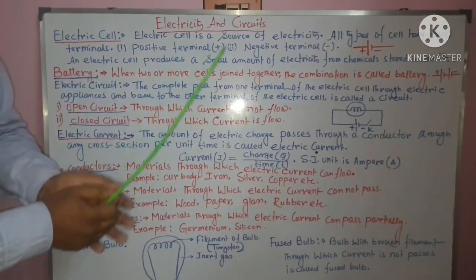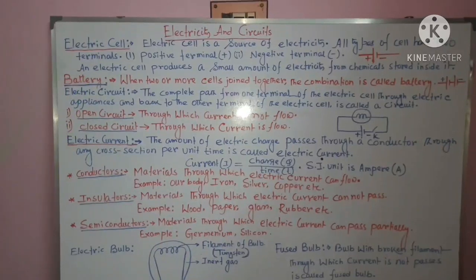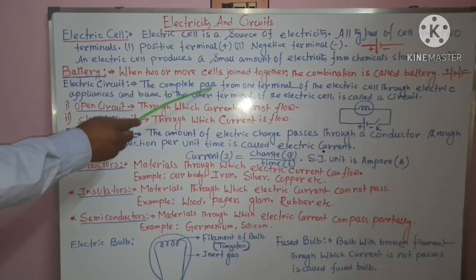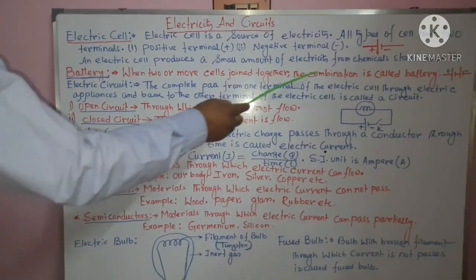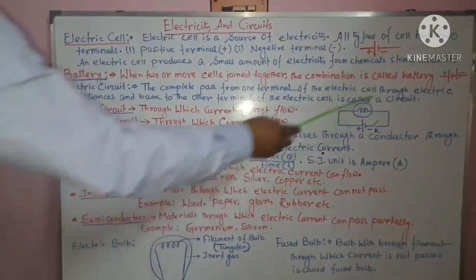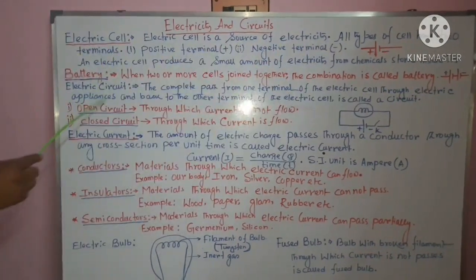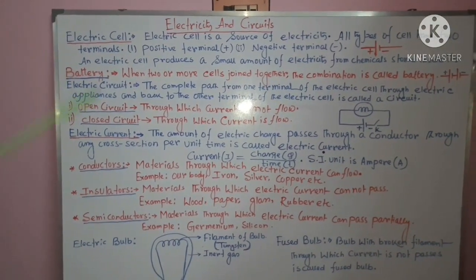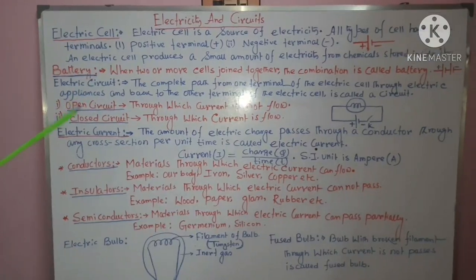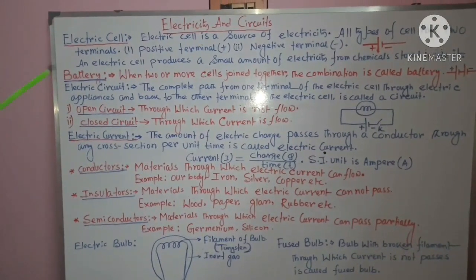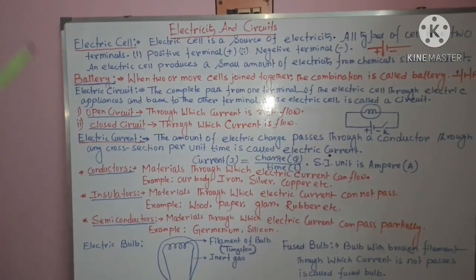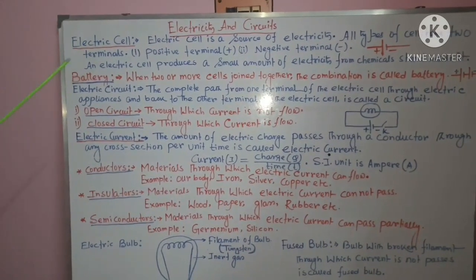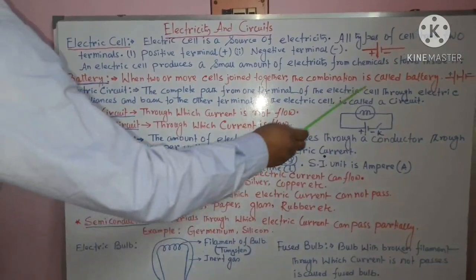So therefore, what is the definition of an electric circuit? See, the complete path from one terminal of the electric cell through electric appliances. Electric appliances means it may be a bulb, maybe a fan, maybe a refrigerator, anything that is run by electricity.